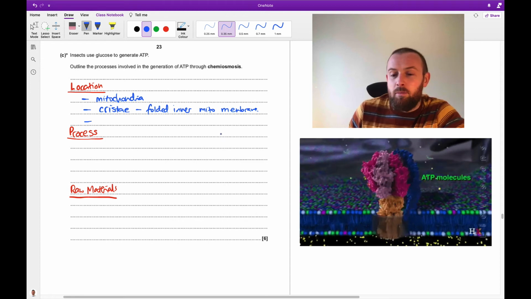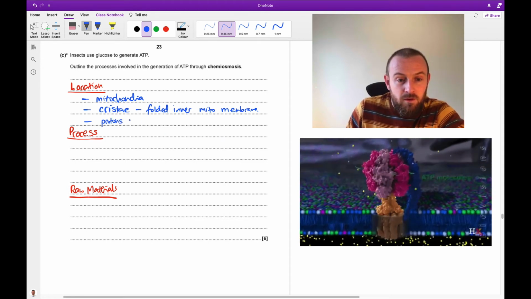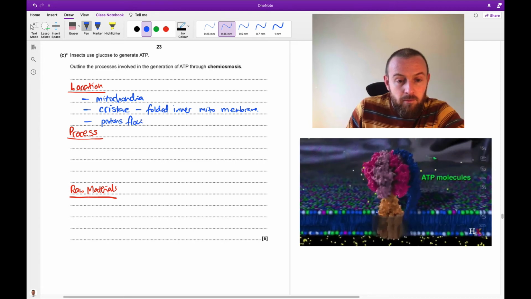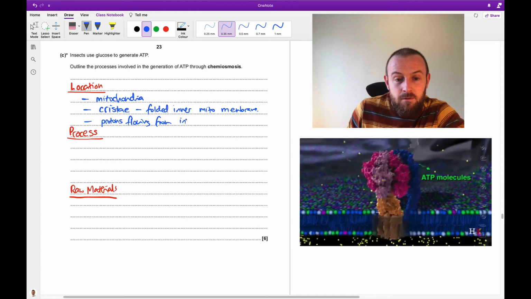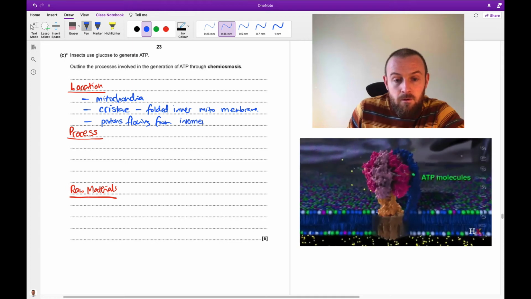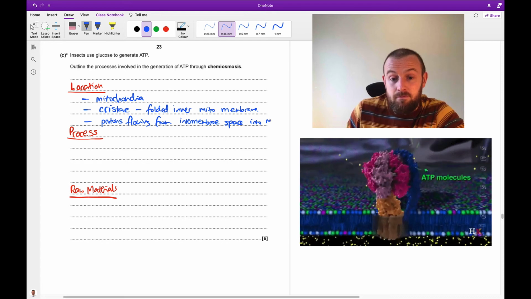And we're also talking about protons flowing from the intermembrane space into the matrix.